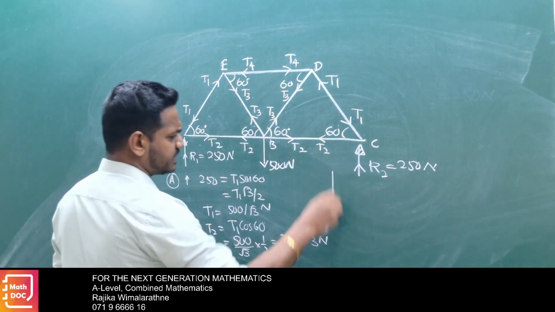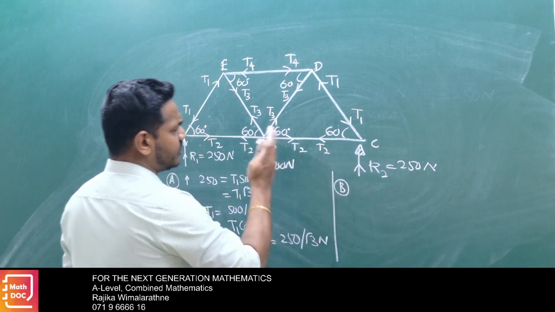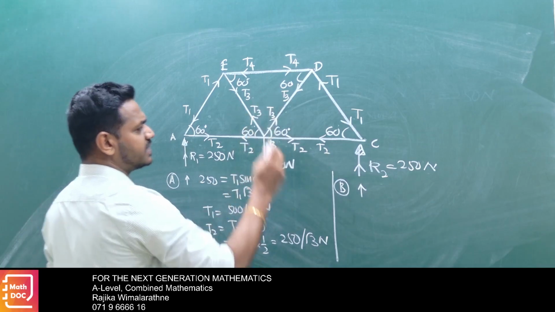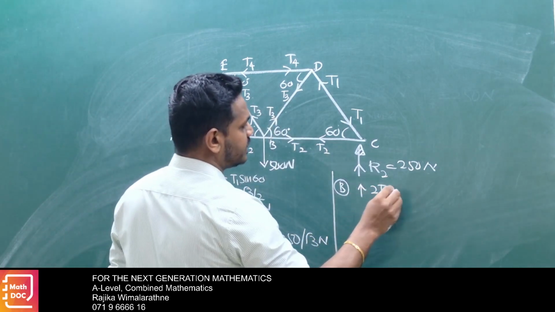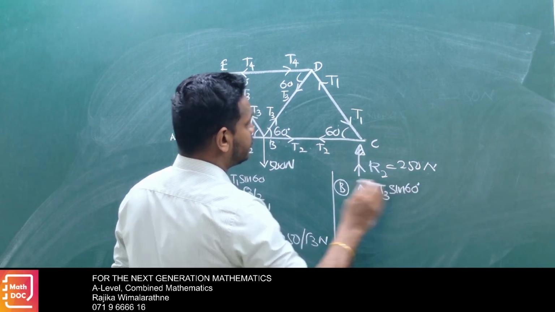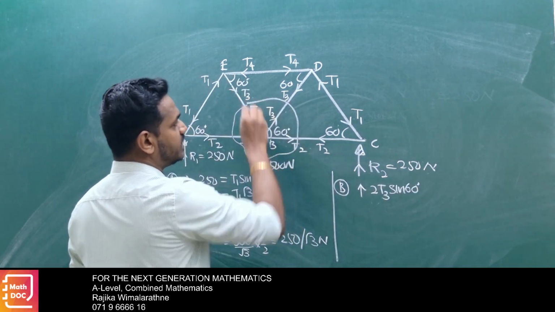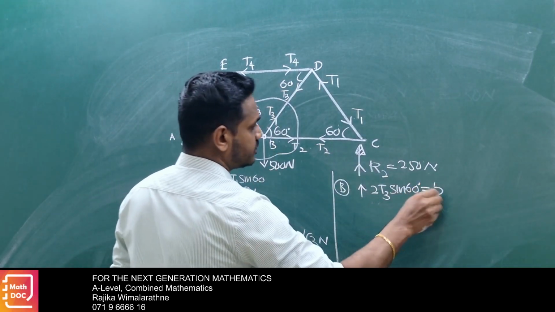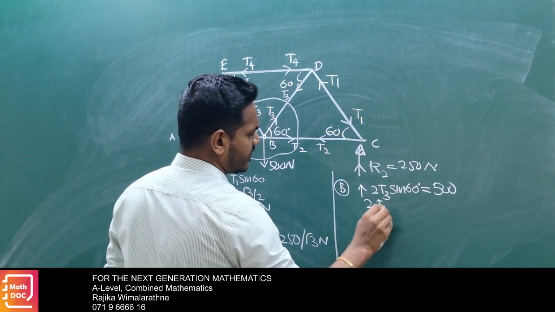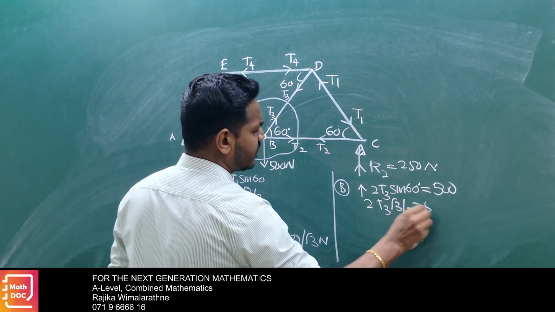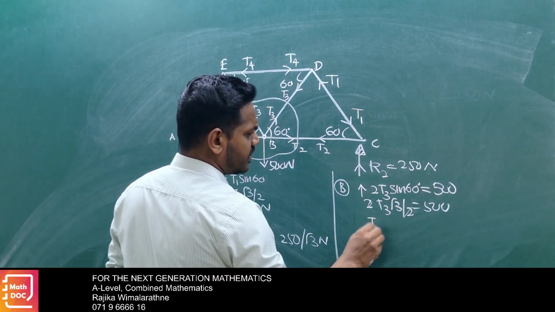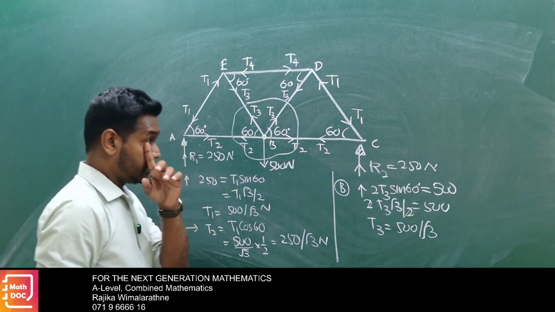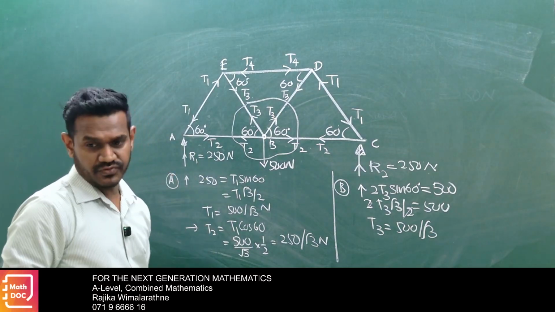Then consider vertex B. Vertically upward forces T3 sin 60, T3 sin 60, two T3 sin 60. You consider that vertex only, yeah? That point only, equals 500. Root 3 over 2, T3 equals 500 over root 3. Now we have to find only T4, no?